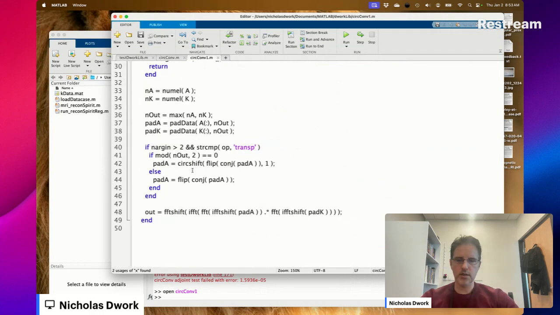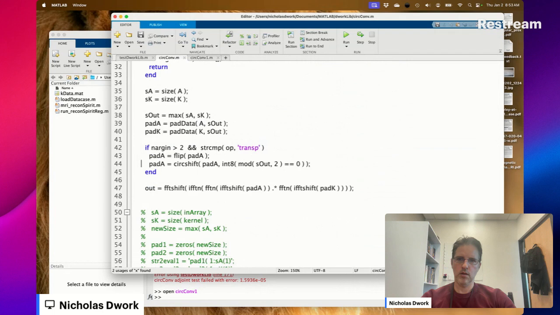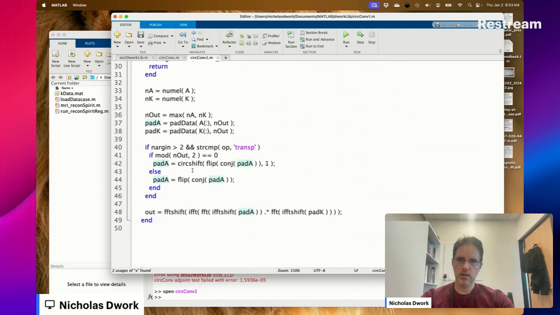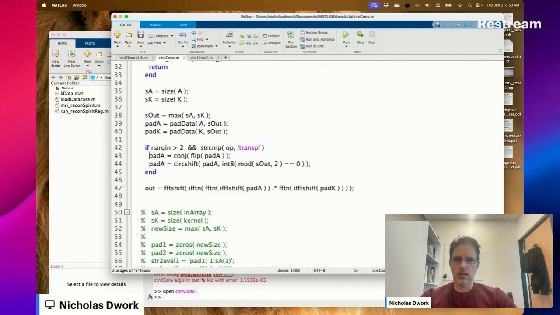Okay, so there's this problem where I wasn't conjugating. Guess I'll do the orders the same way just to make the codes uniform.